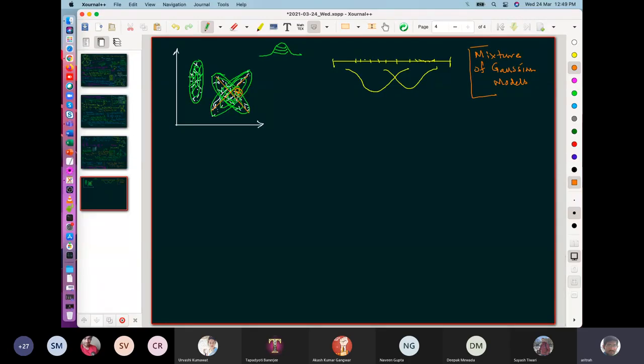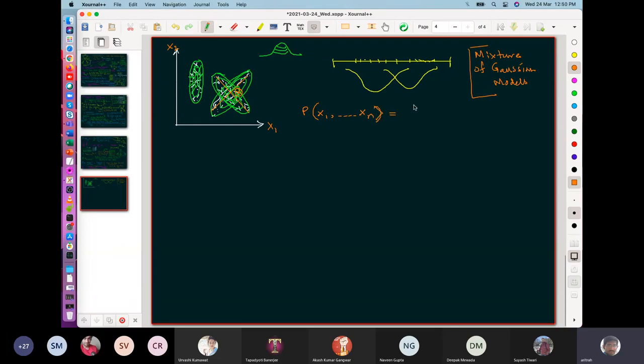So for this mixture of Gaussian models, the expectation maximization algorithm also applies for partially given data. The challenge here is a point P. Obviously, a point P is an n-dimensional point, which means it has n attributes. So a point P is nothing but a vector of n values.